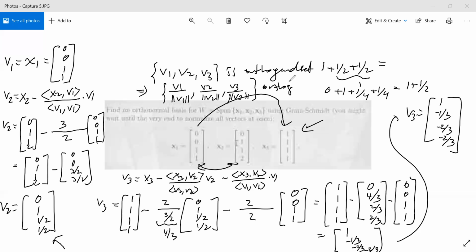So I will leave that step. All I have to do is divide by the norm, giving an orthonormal set. Gram-Schmidt turns a regular linearly independent set, which is a basis of W, into an orthonormal basis for W.